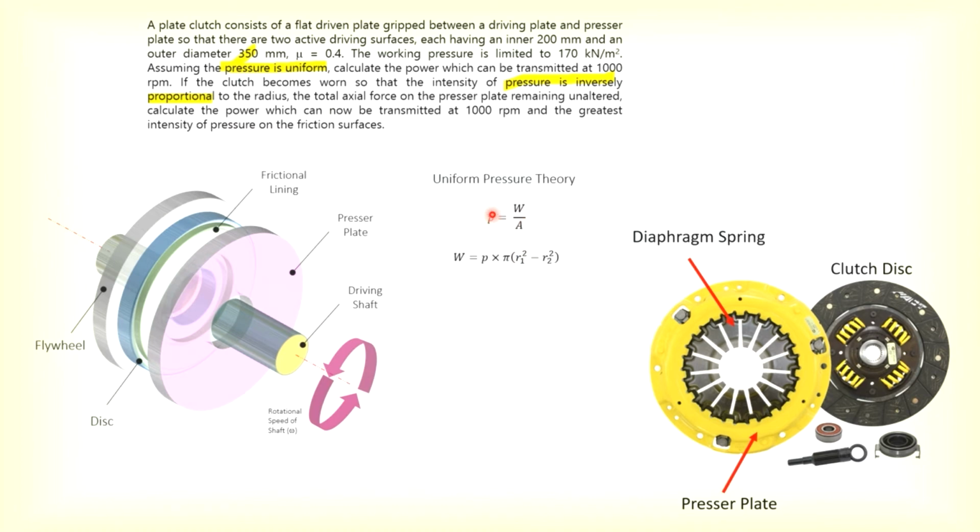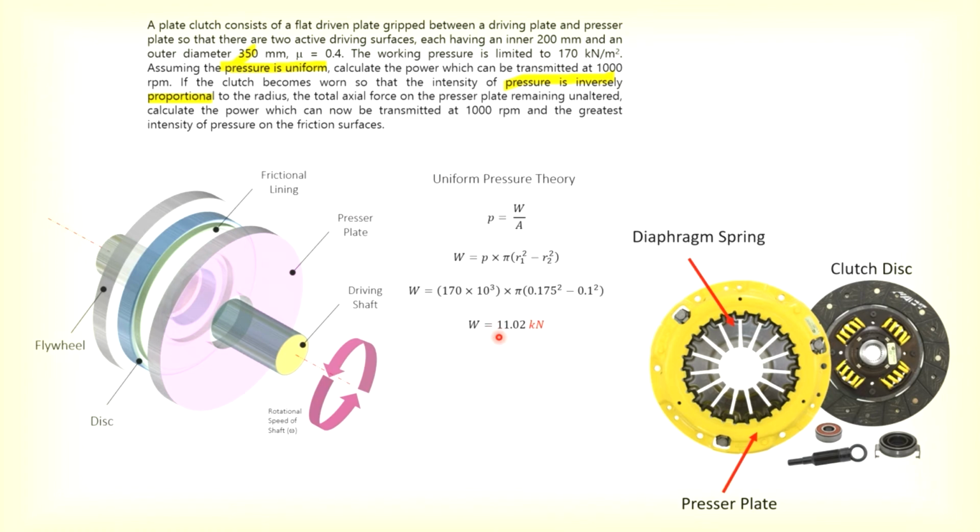Because they have given us the pressure of 170 kilonewton per meter square, we will be able to find out the actual spring force, which is useful when we assume uniform wear theory. So the pressure times the area. This is the surface contact area of the disc clutch, given by pi times r1 squared minus r2 squared, which is the surface area of the friction lining material.